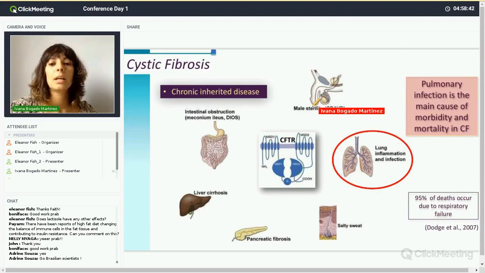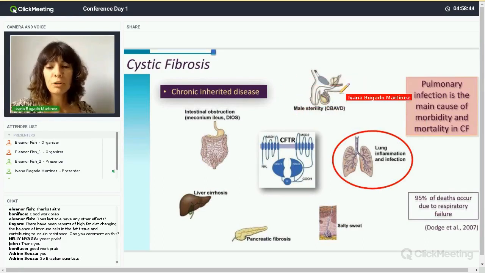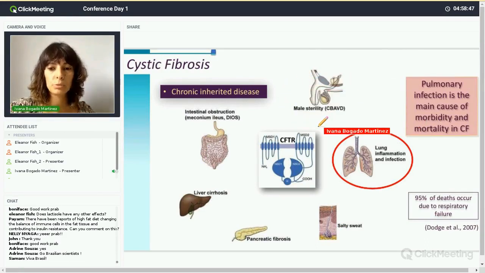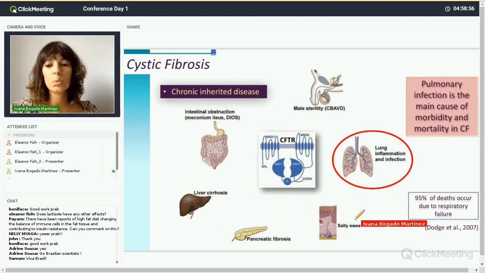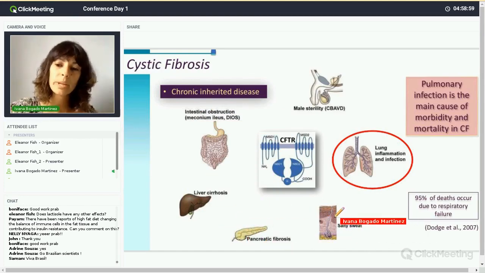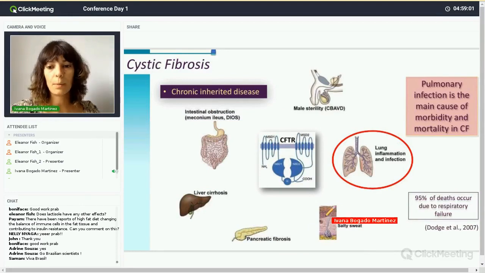So we can see some difference in the functioning of the reproductive apparatus, the digestive apparatus, the liver, the pancreas, the salty sweat, and especially in the lung, we can see the worst outcome because we have infections associated with inflammation. So pulmonary infections are the main cause of morbidity and mortality in CF. 95% of deaths occur due to respiratory failure.